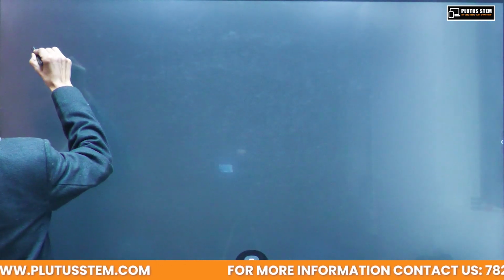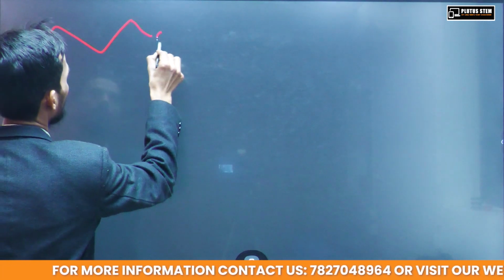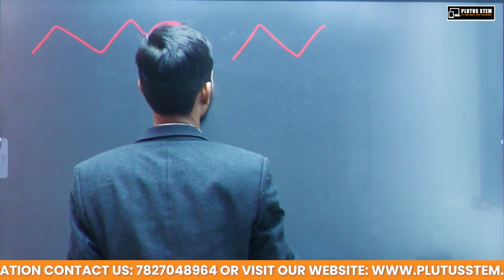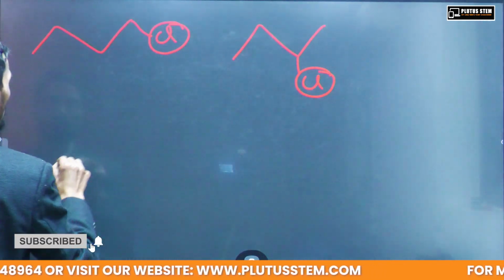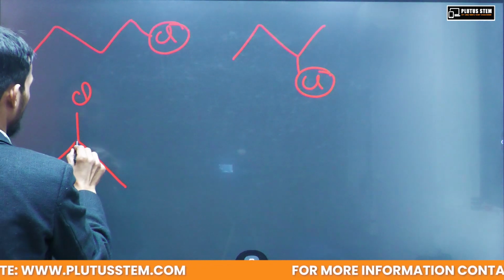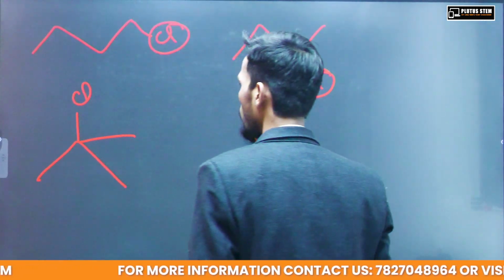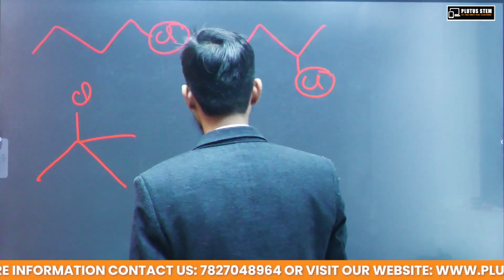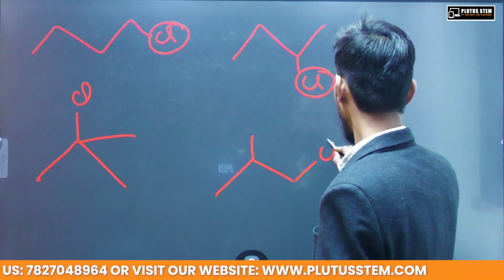So if we draw it like this, one is Cl at the center, another we have drawn Cl at the center, third one we have drawn Cl at the center, and the fourth one we have drawn propane, with Cl at this center.